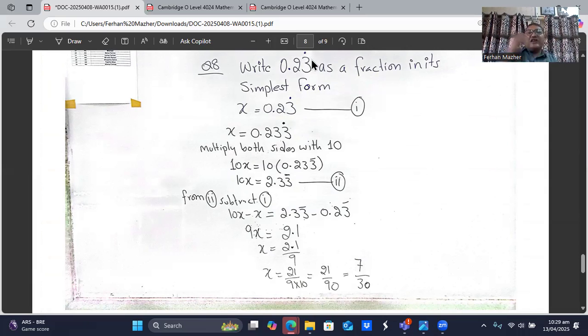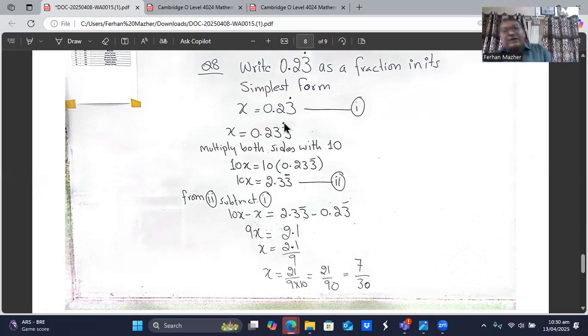So that means this fraction is 0.23333333. So let me say x is equal to 0.23, and on that 3 we have a dot, and this is on the second decimal place. So this can be written as 0.23 and 3, and on that second 3 I put a dot.